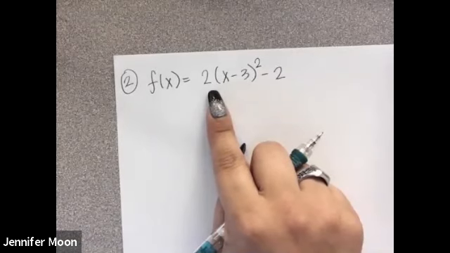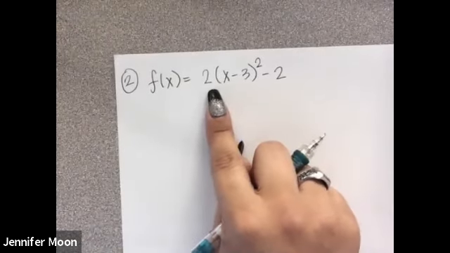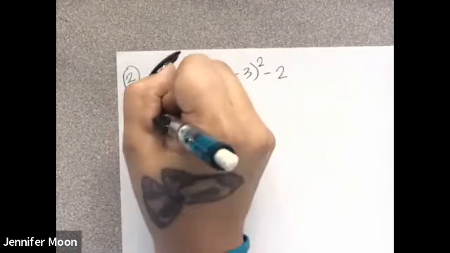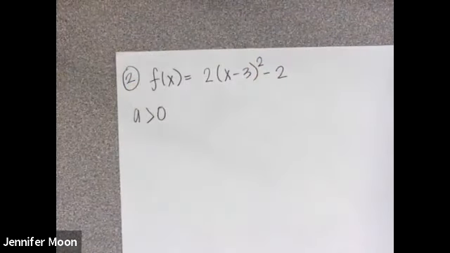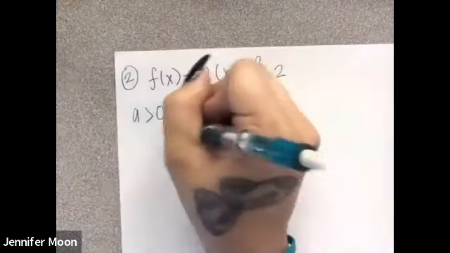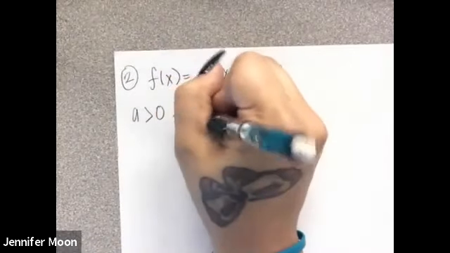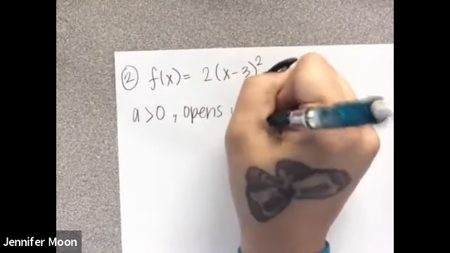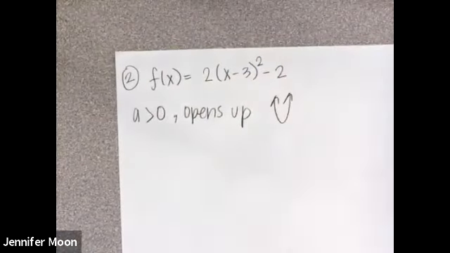Is 2 greater than 0 or less than 0? Yes, class. It's greater than 0. Therefore, opens up, which would look like that. So in the little blank that says opens up or down, you write the word up.